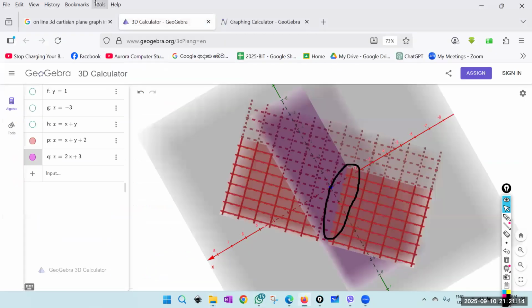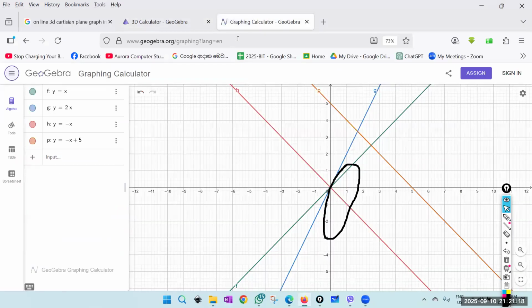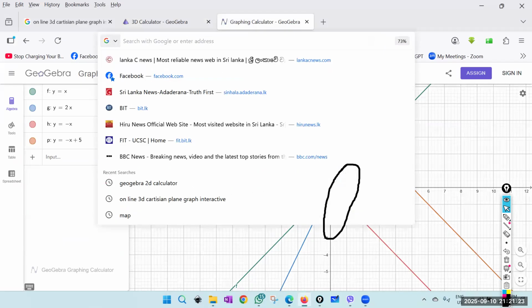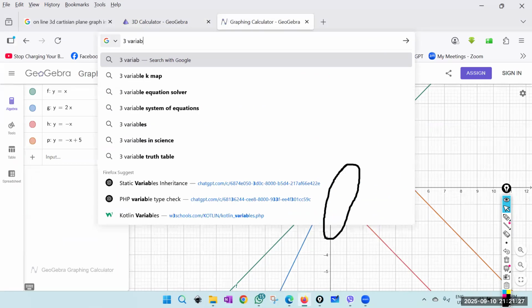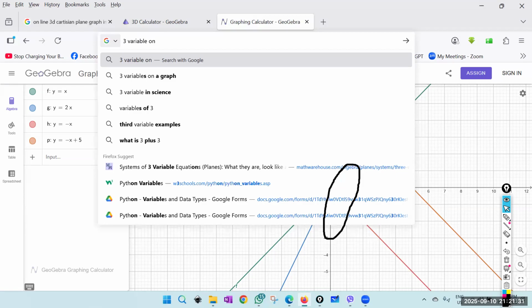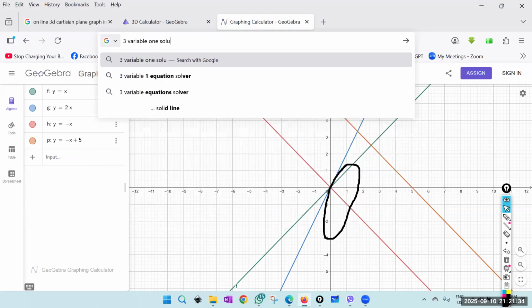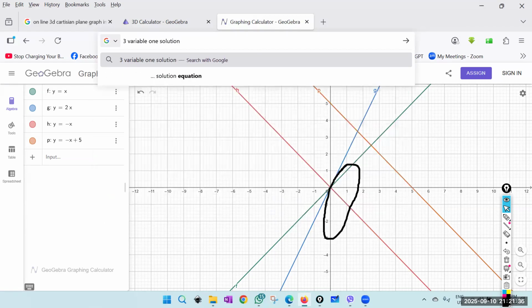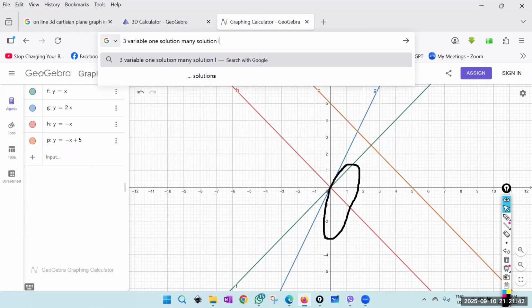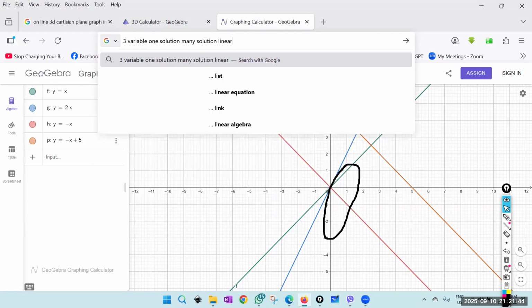Let me search. Three variable, one solution, many solution, linear systems.